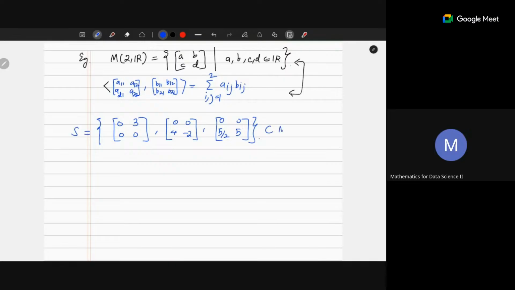The subset in M2R is an orthogonal subset. That is the first thing. And the second thing is that S forms a basis.